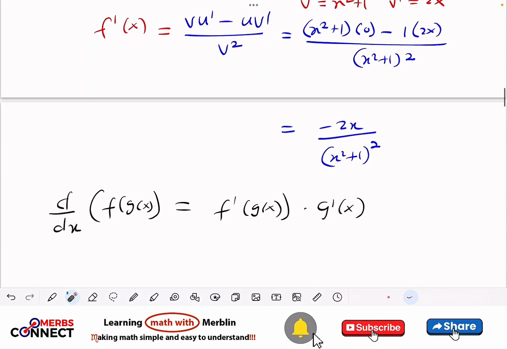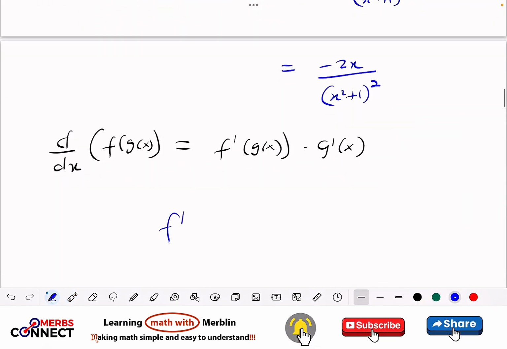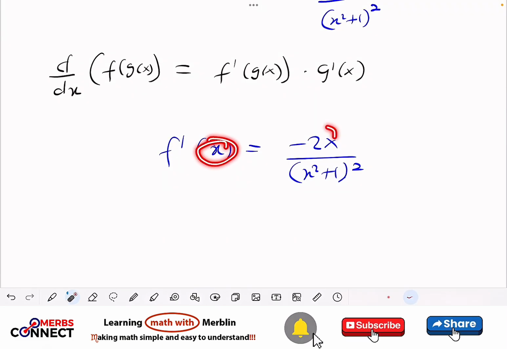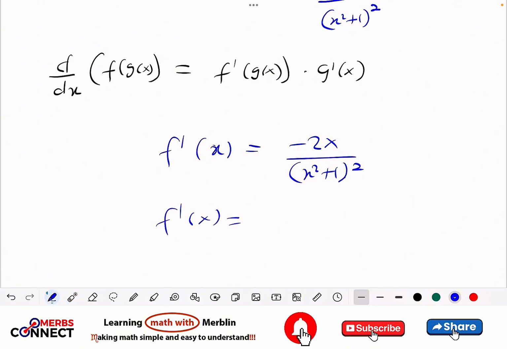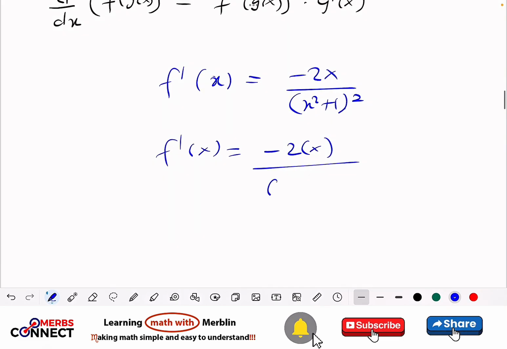So since we have f prime of x to be equal to minus 2x divided by x squared plus 1 all squared, I can put all my x's into parentheses because this is a composite function. I don't want to make a mistake. So I can write this one as minus 2 times (x) divided by (x) squared plus 1 all squared.